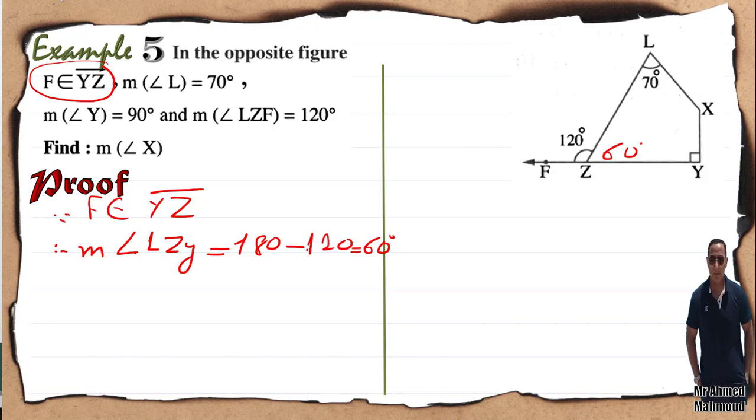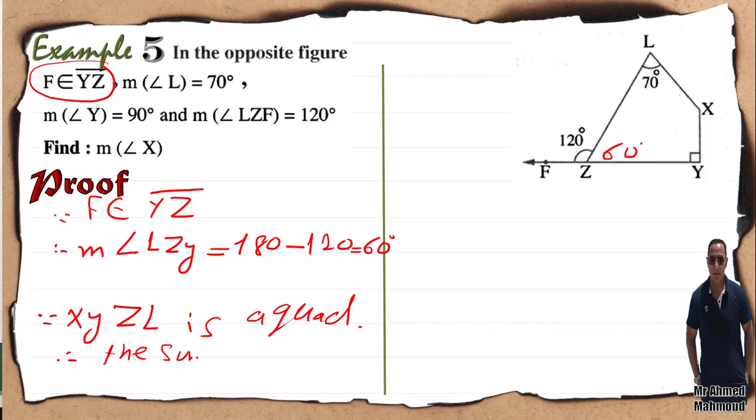60 degrees. Okay, since XYZL is a quadrilateral, therefore the sum of its angles equals 360 degrees.